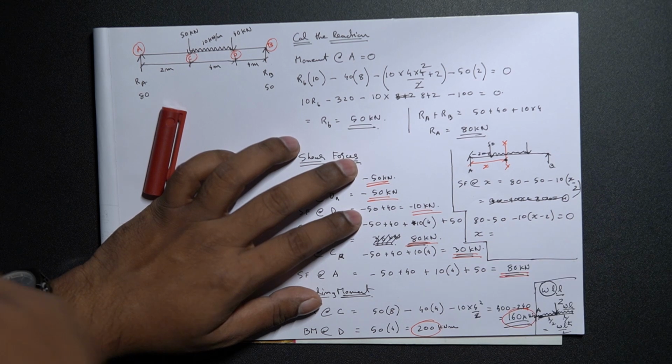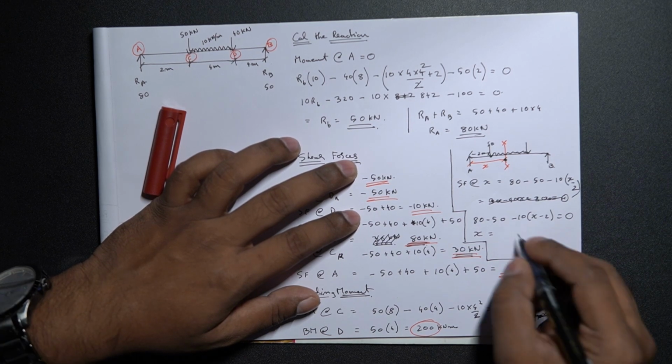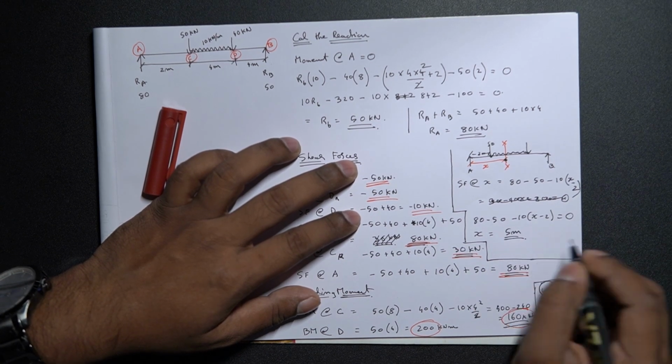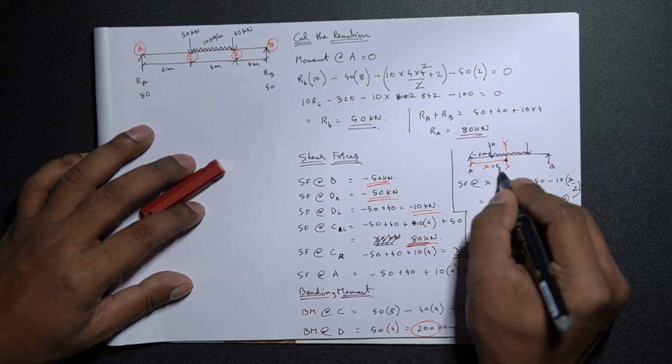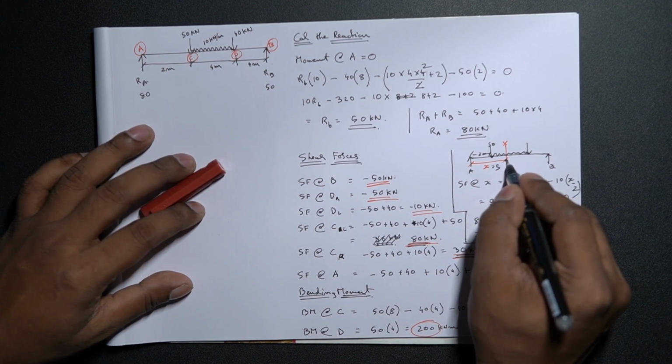So x is equal to 5 meters. So this is the distance x where the shear force would be absolute 0.